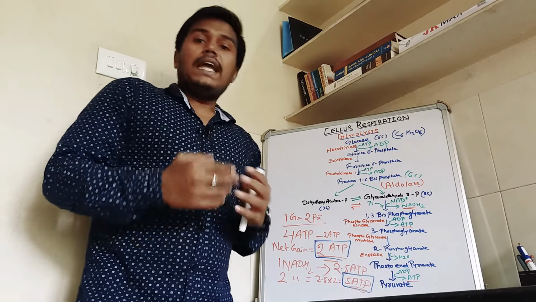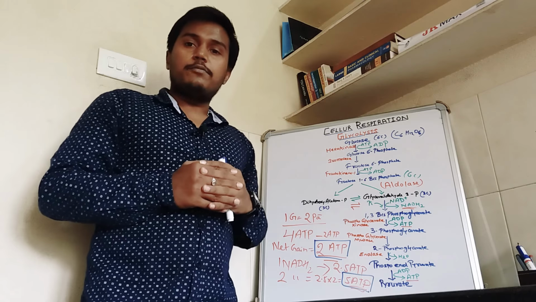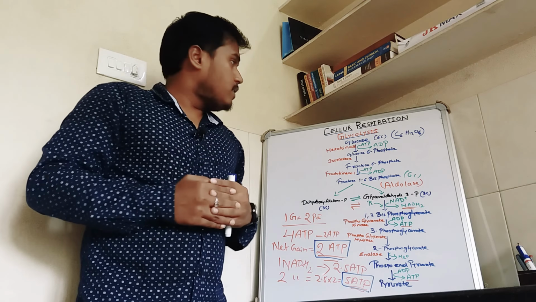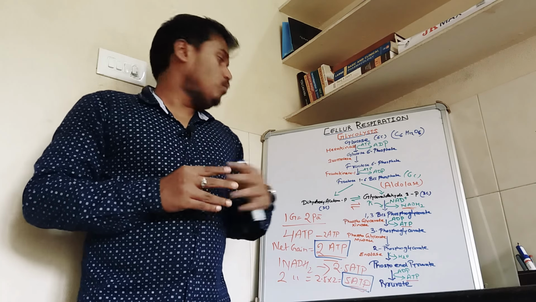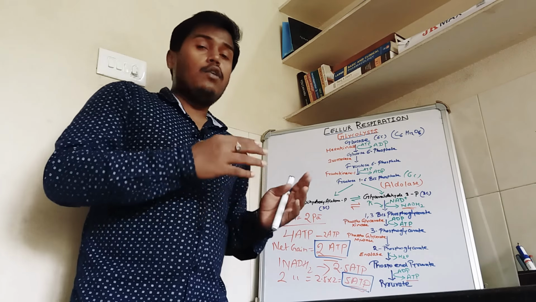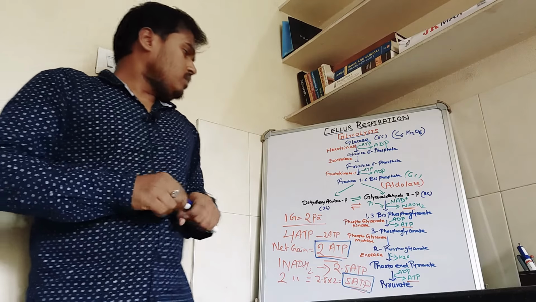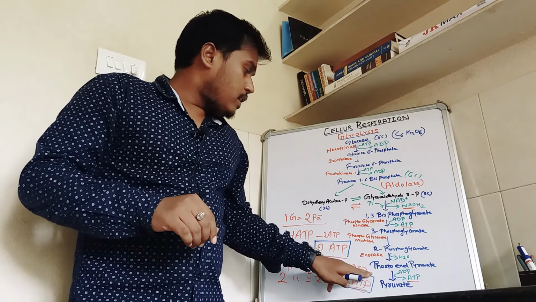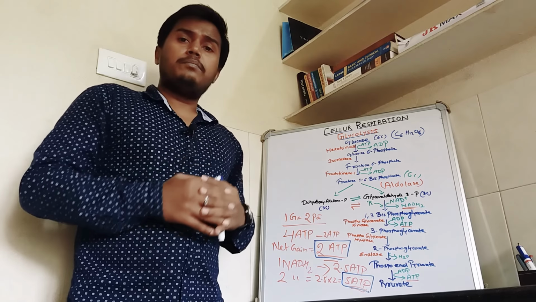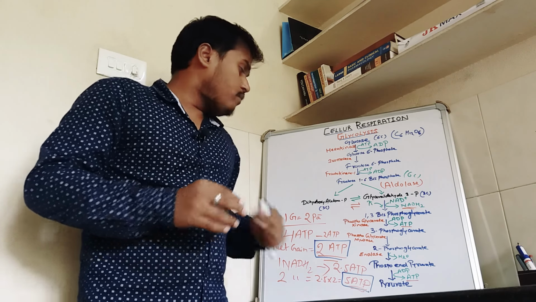That one will be converted into ATP in the 4th stage of cellular respiration, which I will discuss in a further video, that is oxidative phosphorylation. We will see how NADH is converted to ATP. If you follow books from 2-3 years back, they give 1 NADH as 2 ATP, but if you follow the 7-8 year old editions, they give 1 NADH as 3 ATP. Next, in the Krebs cycle we will also get FADH2. In the old books they say 1 FADH2 will give 2 ATP.